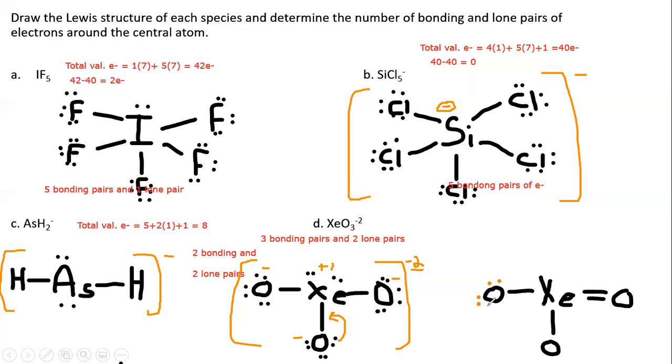So the only difference is now one of the oxygens has a double bond. And so again, this oxygen is negative 1, but now the xenon is 0. Excuse me, not that oxygen.